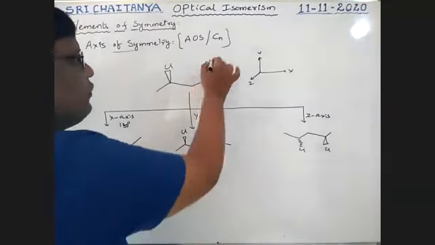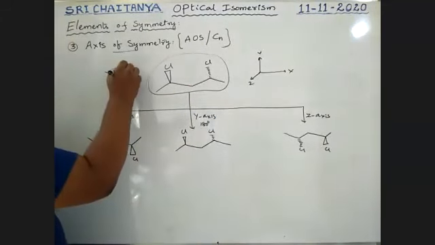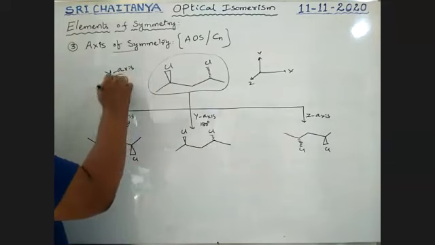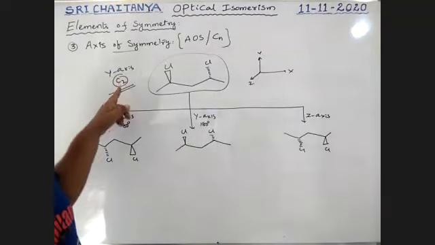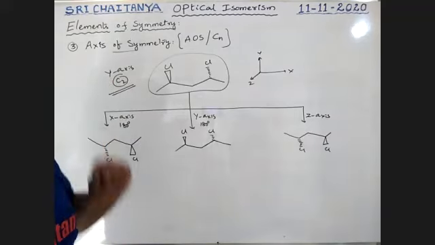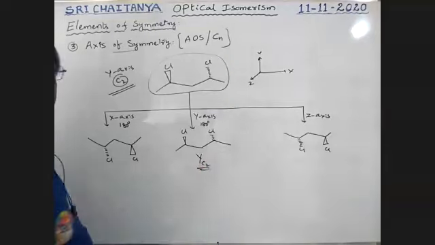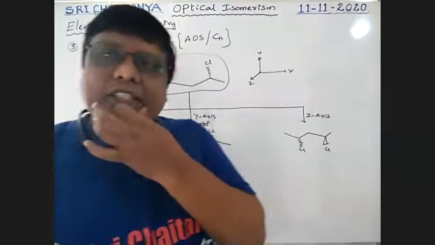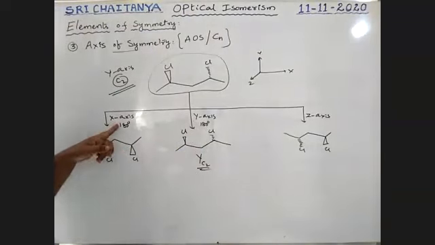Therefore, for this y-axis, a C2 axis of symmetry is there. So therefore, this molecule has a Y C2 axis, because 180 degrees are rotated, boys.